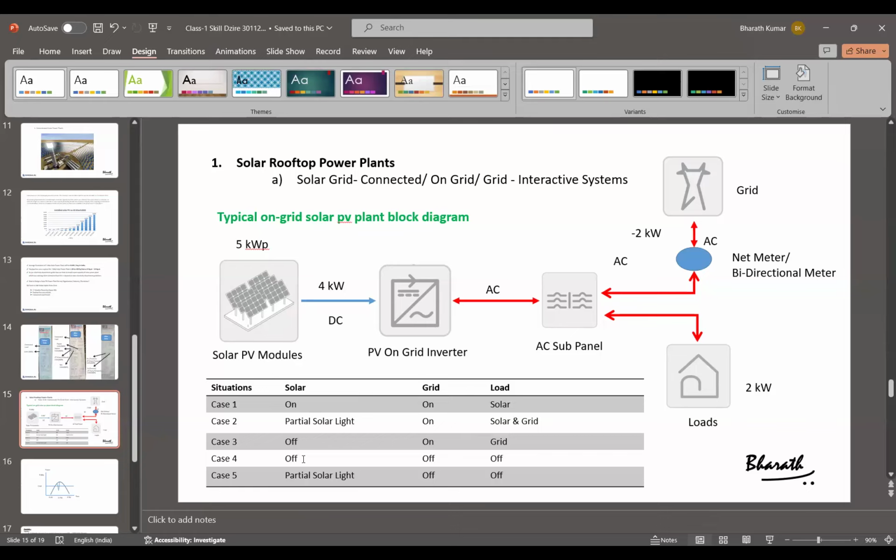Solar off, grid off: there is no power supply. Partial solar light and grid off: there is no power to the load. So the drawback in this system is that if the grid fails, the system will shut down at the inverter level. For that, I will explain the reason.